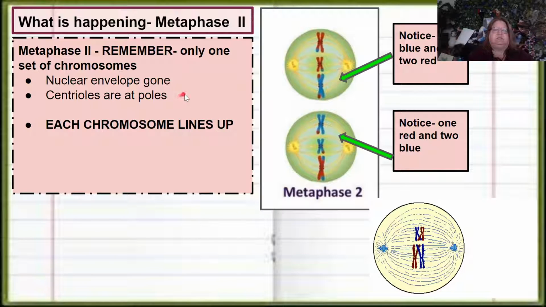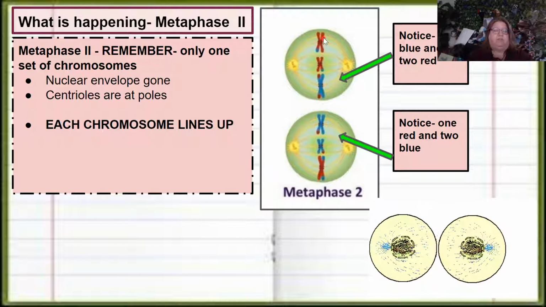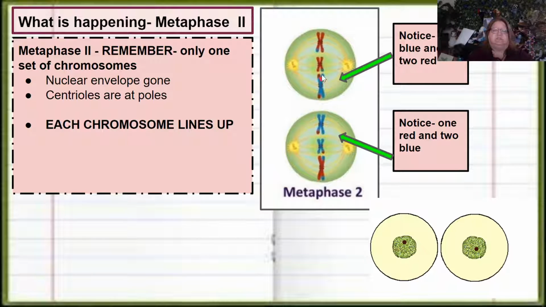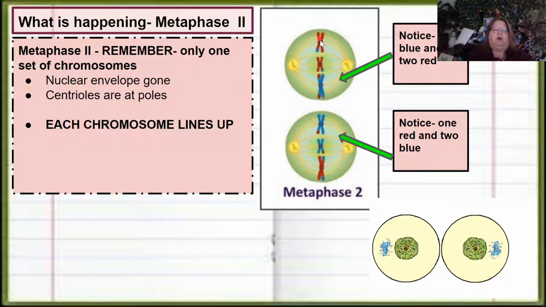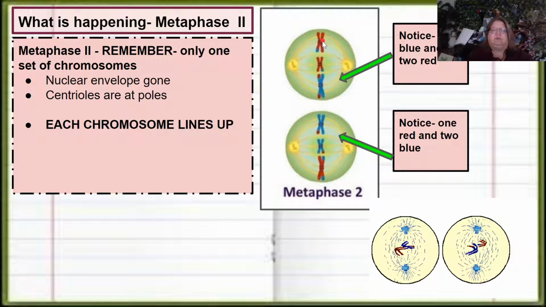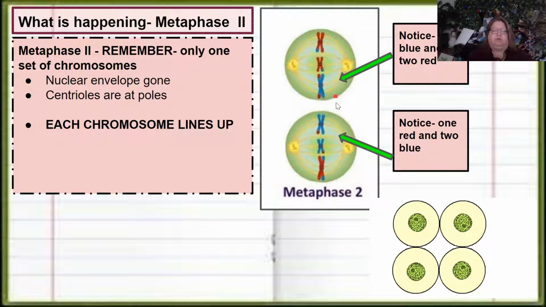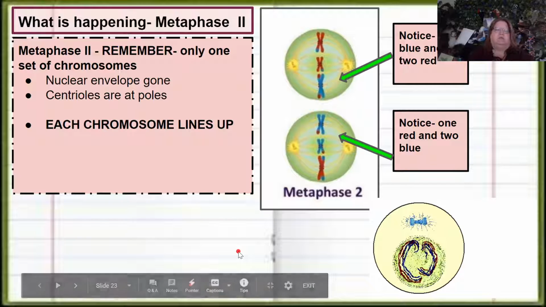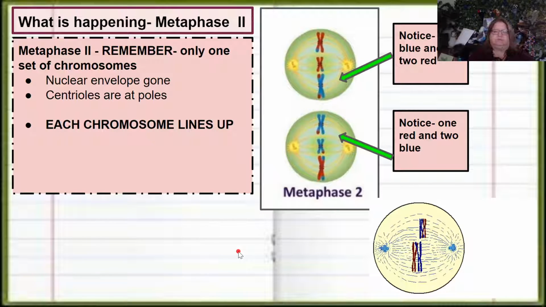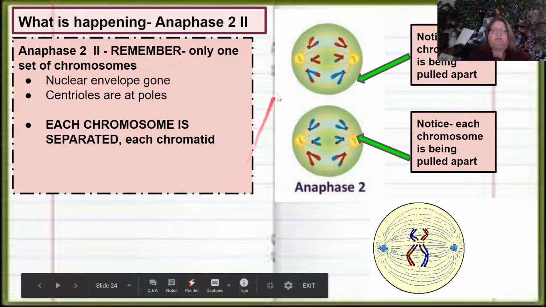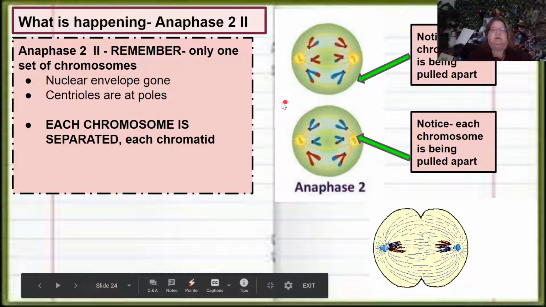In metaphase 2, now the chromosomes themselves line up, not the pairs, the chromosomes. And so what we're ready to do is split the chromosomes in half. But again, notice we've got 1, 2, 3 chromosomes. So that's metaphase 2. In anaphase 2, the chromosomes are now split in half.